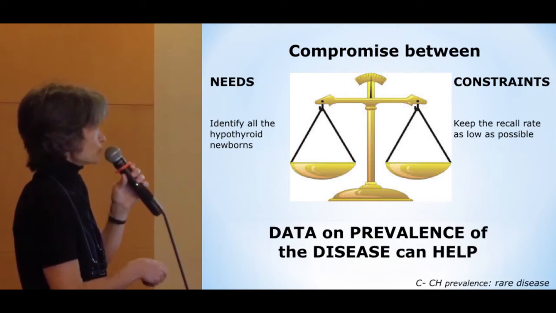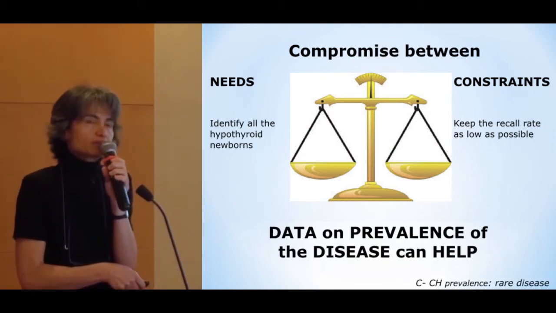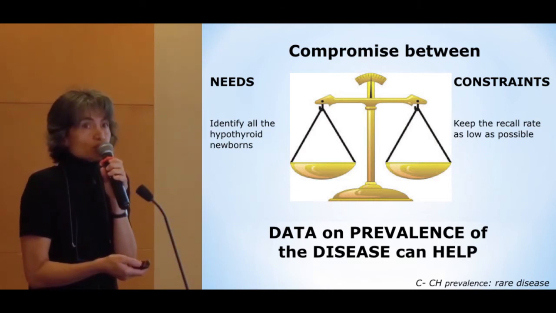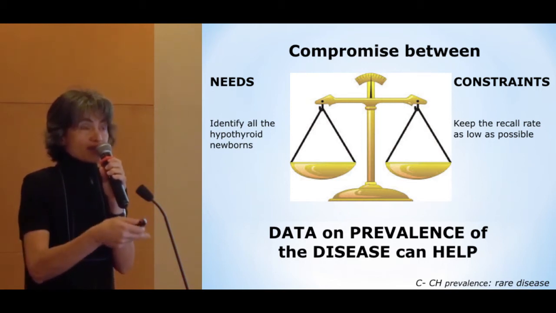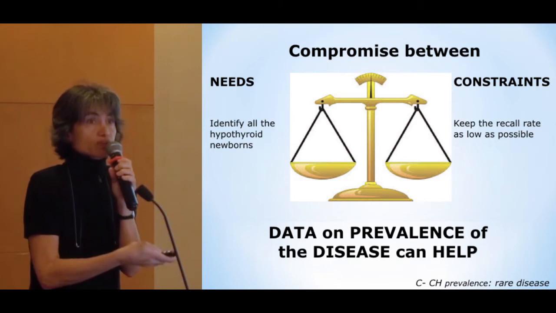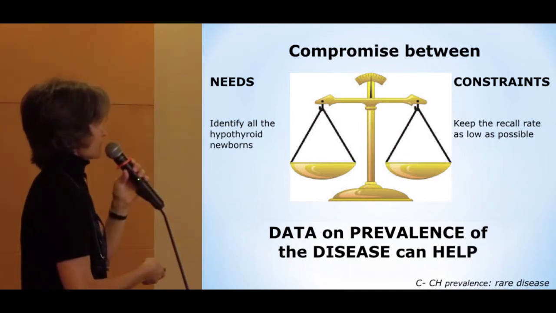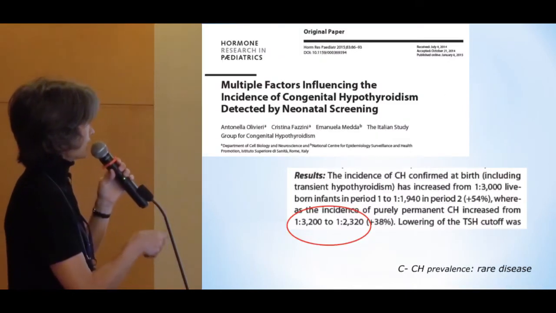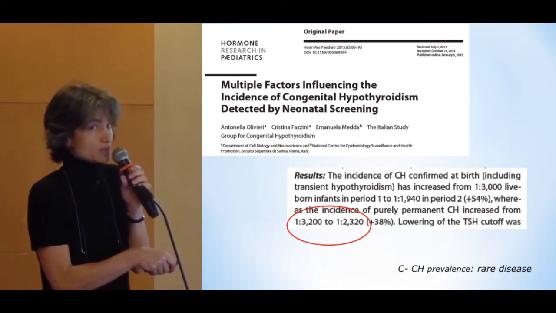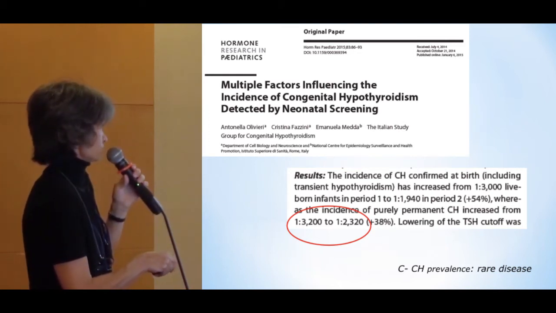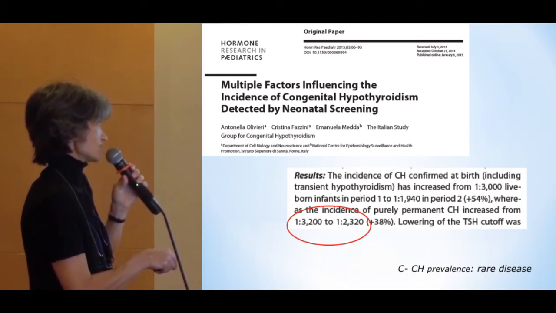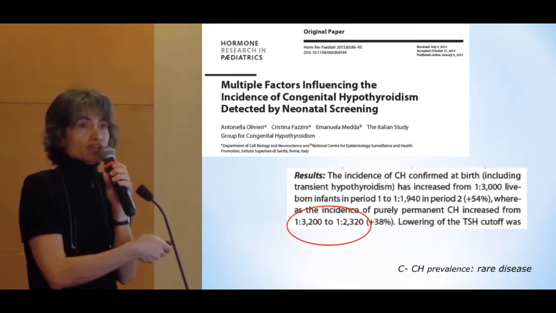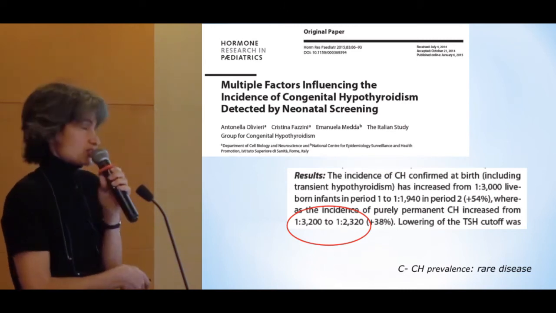In this view, the prevalence of the disease can help us. Remember the example that I told you before? We have to keep the recall rate higher compared to the prevalence, of course, otherwise we're going to miss the cases. In Italy, congenital hypothyroidism ranges from 1 out of 3,200 to 1 out of 2,300, which is quite common, but it's rare compared to the enzymatic deficiency of G6PD.